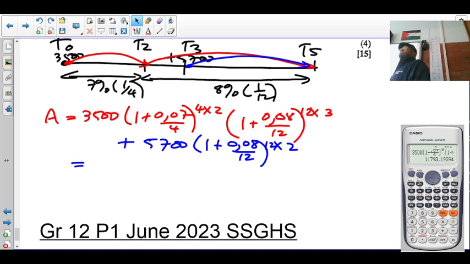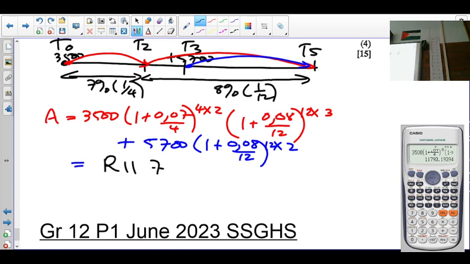Is that correct? The answer is 11,793 Rand and 19 cents. That's one way of looking at it.